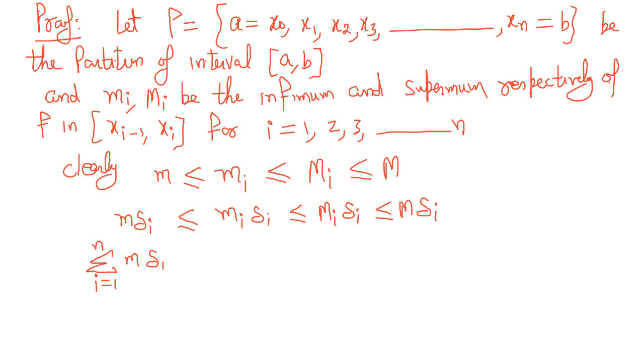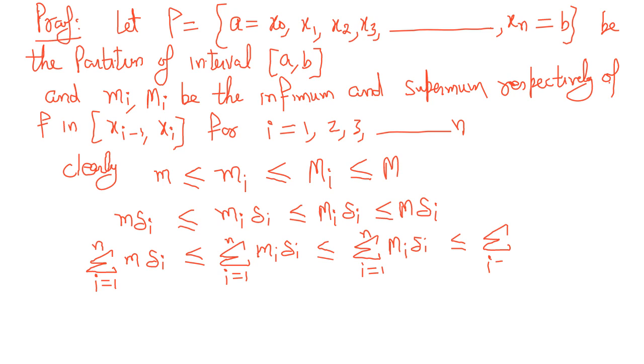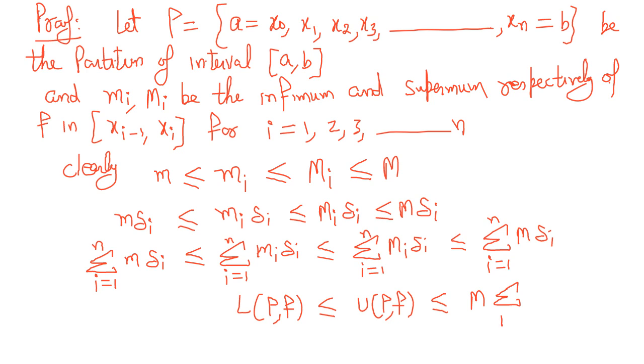The summation of m delta_i is less than or equal to the summation of m_i delta_i, which is your LPF, less than or equal to UPF, less than or equal to the summation of M delta_i.